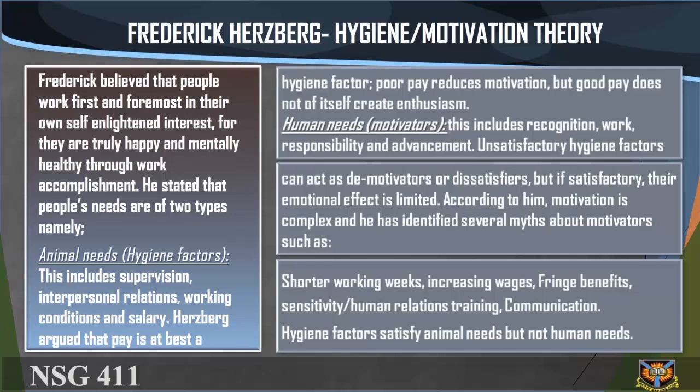Animal needs, hygiene factors. This includes supervision, interpersonal relations, working conditions, and salary. Herzberg argued that pay is at best a hygiene factor. Poor pay reduces motivation, but good pay does not of itself create enthusiasm.